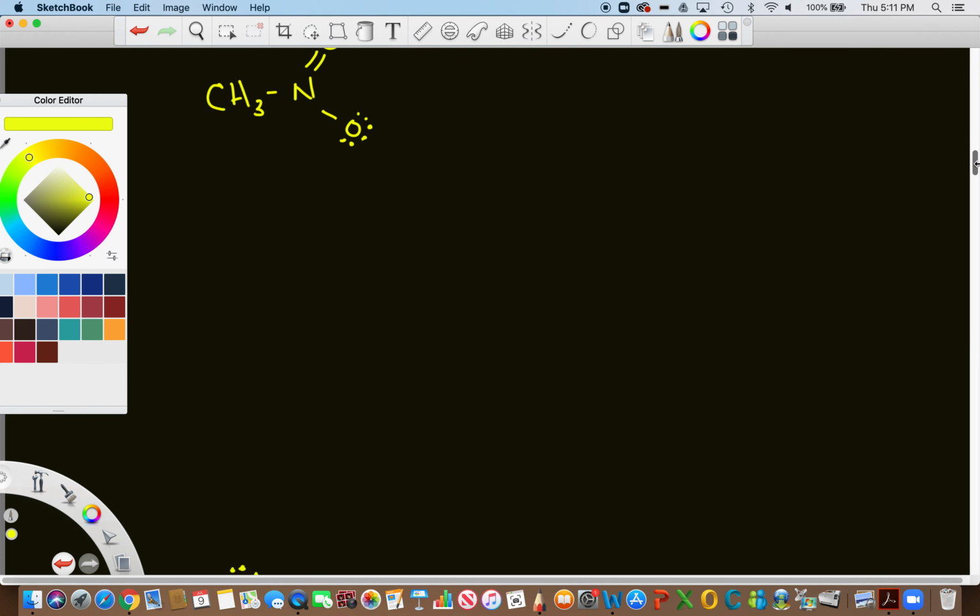So if I have nitromethane, the same thing is going to apply. This nitrogen, though, right now has a positive charge on it because it doesn't have a pair of electrons. So the electrons can form a double bond here. When that happens, the pi electrons from the C double bond O break.